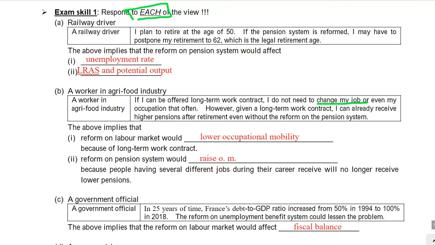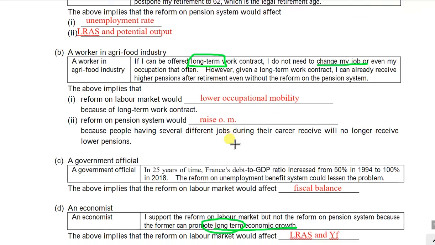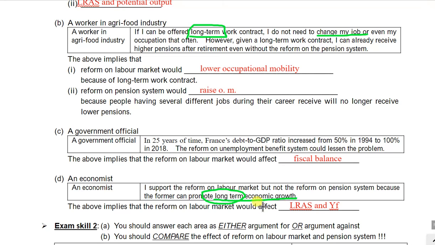So where is it? Here, right? So the worker also mentioned something about the long term. And that's why you have to make use of these comments here to think about how the long-run AS could be affected by the reform on the labor market.